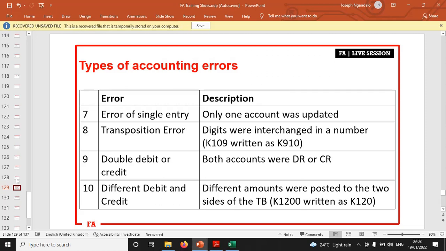What is in common between 109 and 910? The digits are the same, but they have been put on different positions. Can you see that? They've been put on different positions.